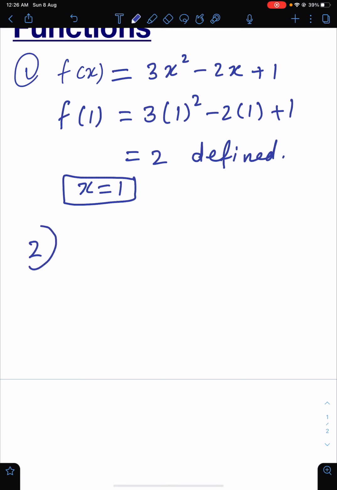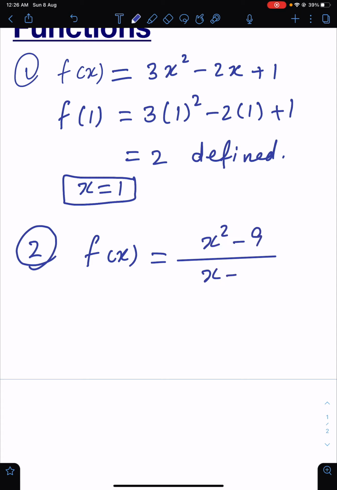So let me write another problem. f of x equals x squared minus 9 divided by x minus 3.